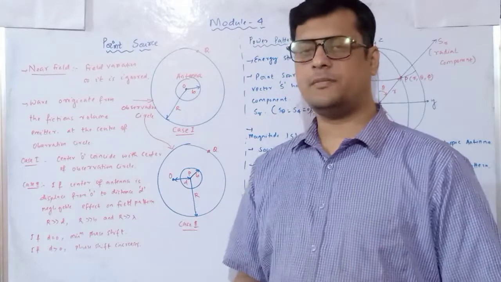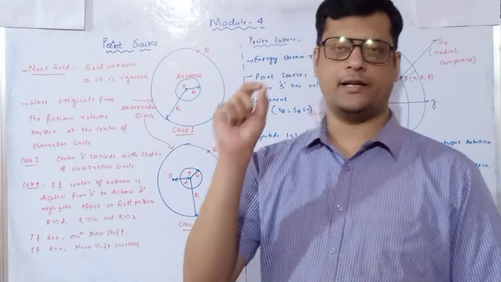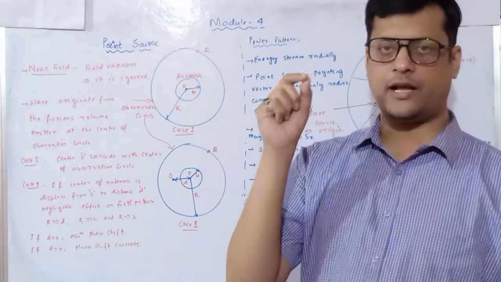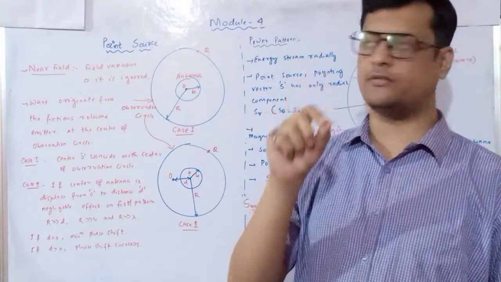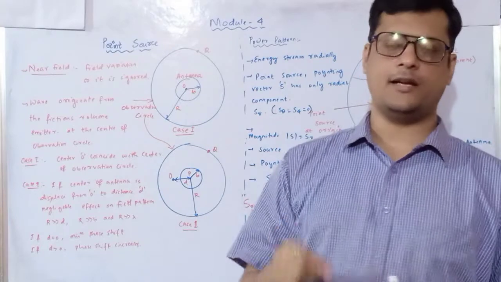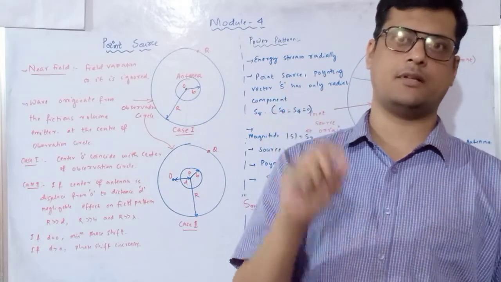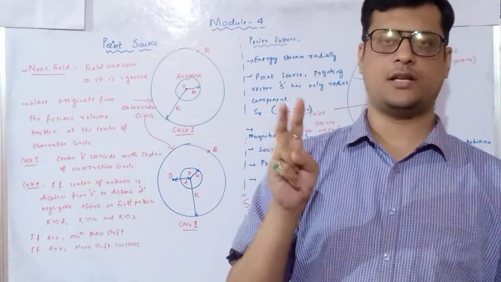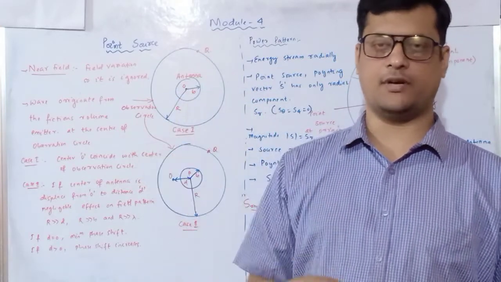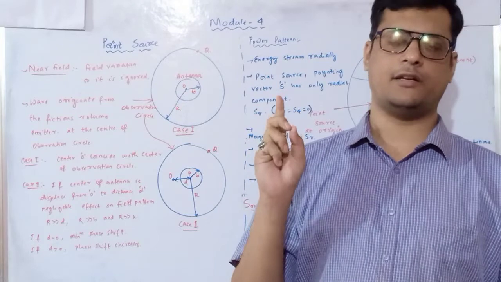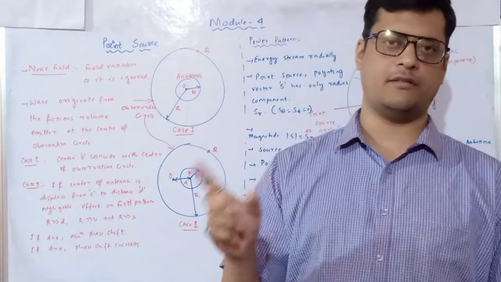Now in this particular figure you can see the radiating element is a dot. I have identified that element as a fixed point with a certain volume, a dot, placed at the center of observation of this circle. These two circles show the regions we have just discussed. One is the reactive near field region.